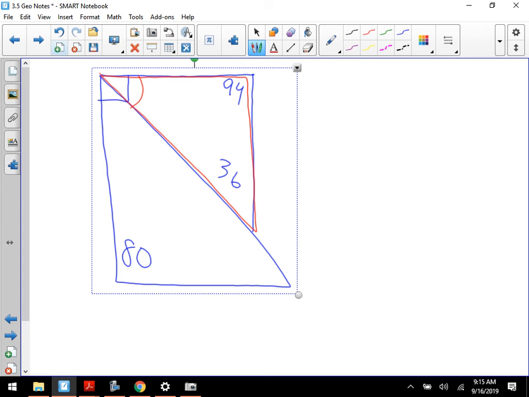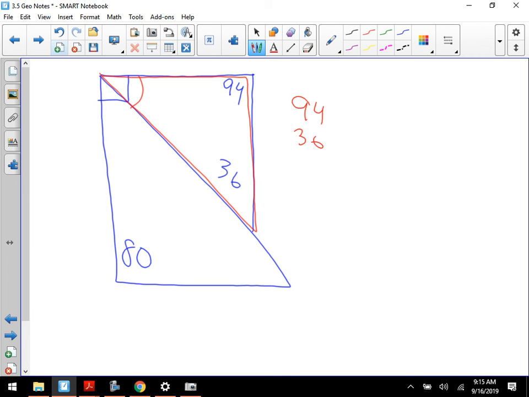How many degrees are in that triangle? Should be how many degrees in every triangle? 180. So we already know 2 of the angles, 94 and 36. If I add those together, you get 140. No, 130, I'm sorry.